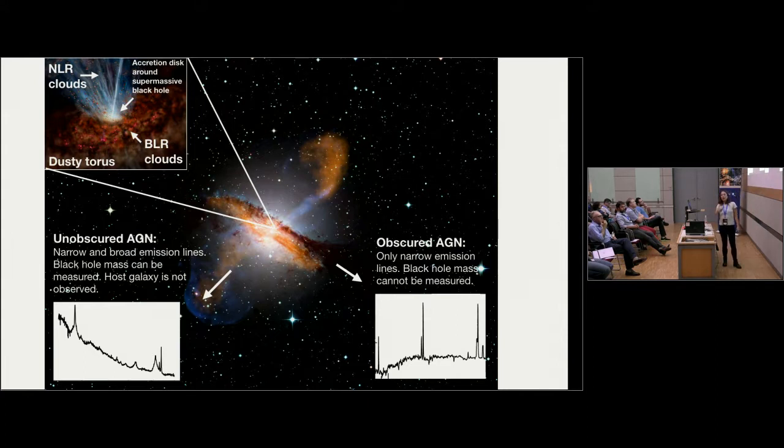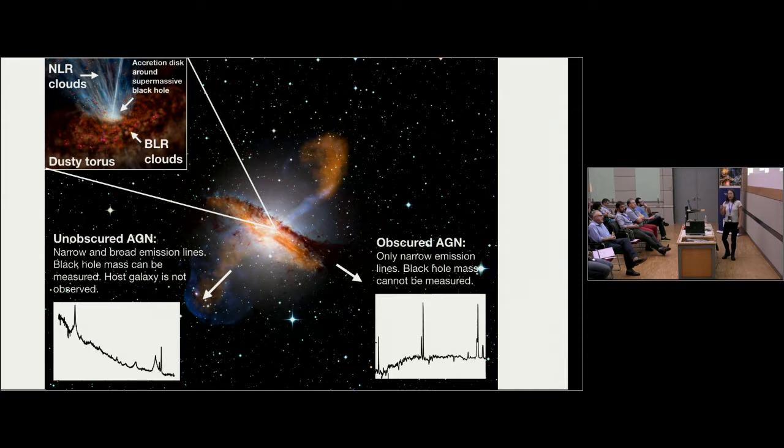Further away, we have clouds which we call the narrow line region. These are on galactic scales. The gravitational potential of the galaxy is what affects them, and they are photoionized by radiation that comes from the accretion disk. This entire thing has this dusty torus, and basically the inclination of the system with respect to the line of sight will determine which type of object we will see.